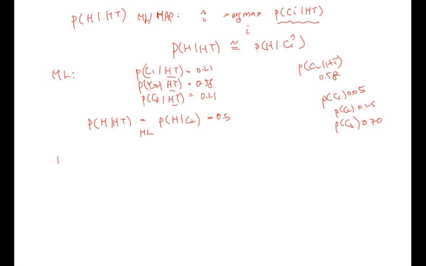MAP is essentially the same here. It's precisely the same, just you will get a different estimate of the conditional probability, because now your P(C1), P(C2), and P(C3) are no longer uniform. You get different values for that.